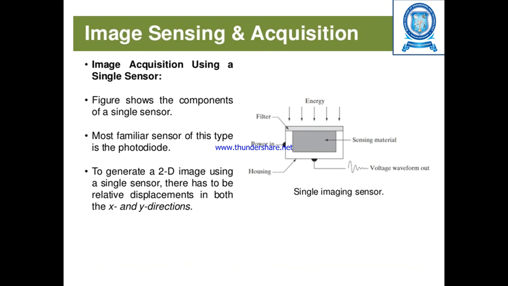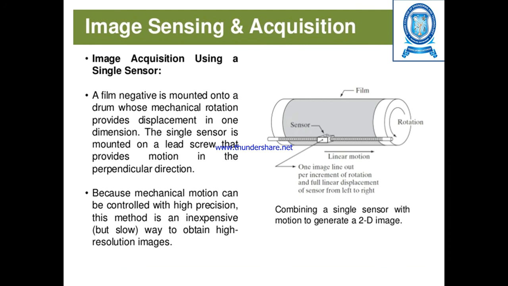Now let's see how the image is acquired using a single sensor. The best example of a single imaging sensor is the photodiode. If you want to capture a 2D image, we can choose the single sensor and place it along the x and y direction to capture it. Next is combining a single sensor with motion to generate a 2D image.